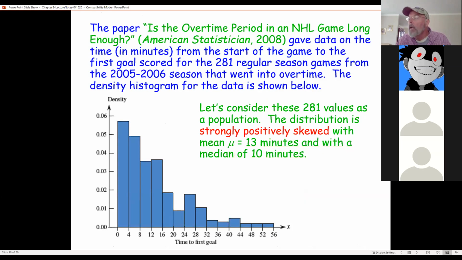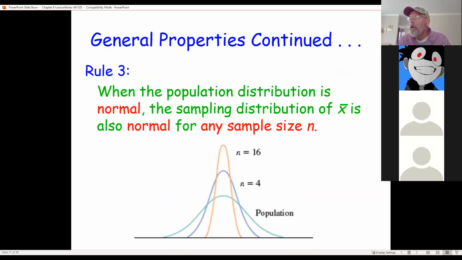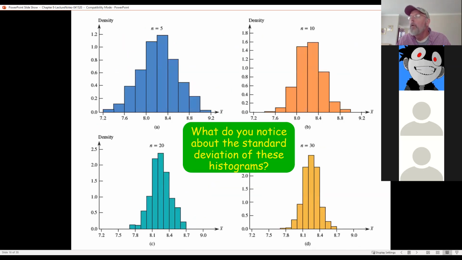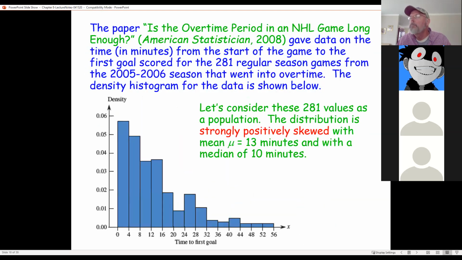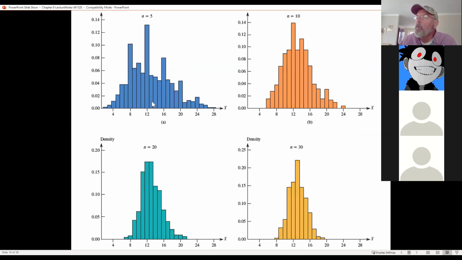And if we go to this one here, the center is pretty close to 12 or maybe 13. Is it symmetrical? Not really, I think it's a bit more skewed on the right.